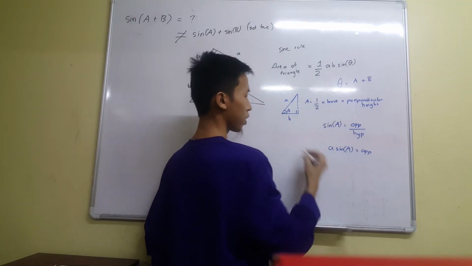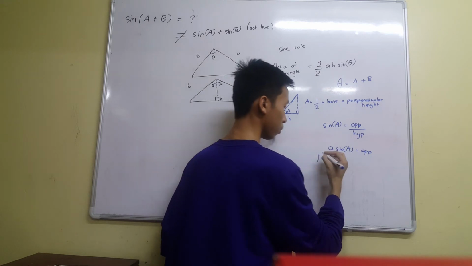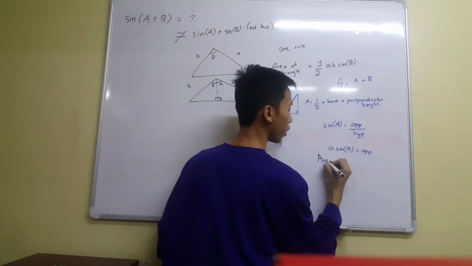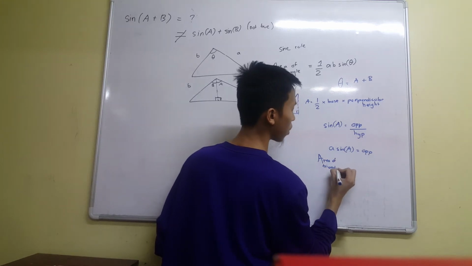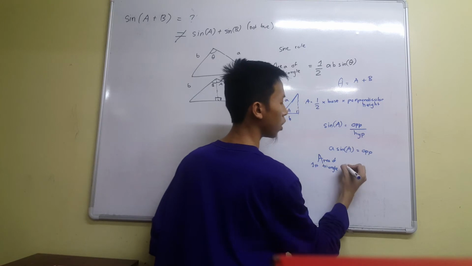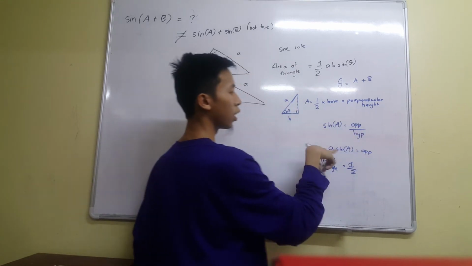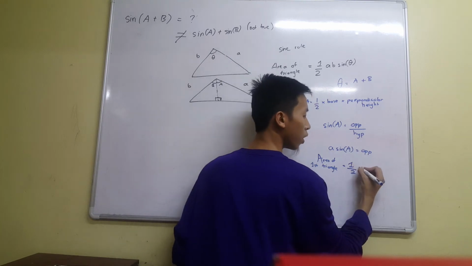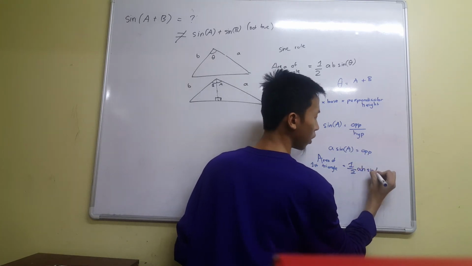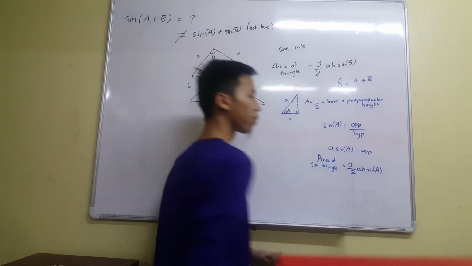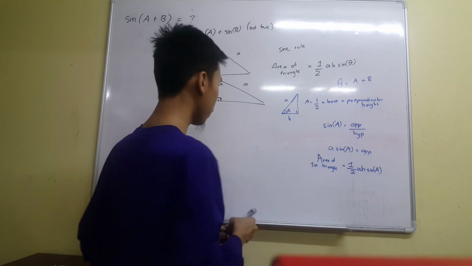Now the area of the first triangle is equal to 1 over 2 A times H times sine of A. So far so good.